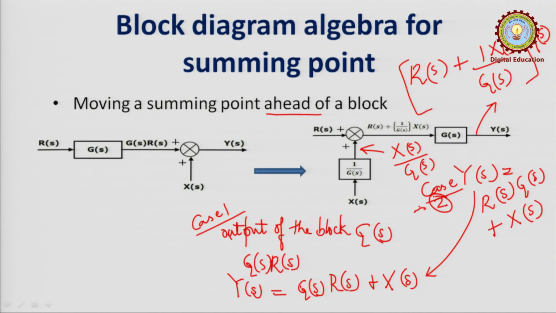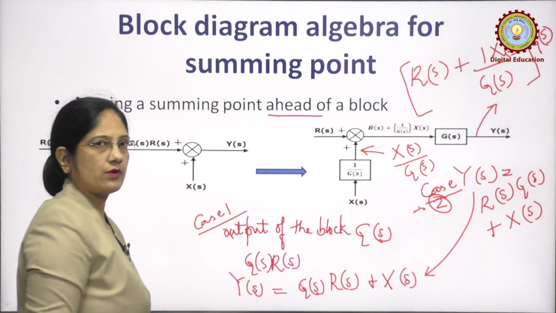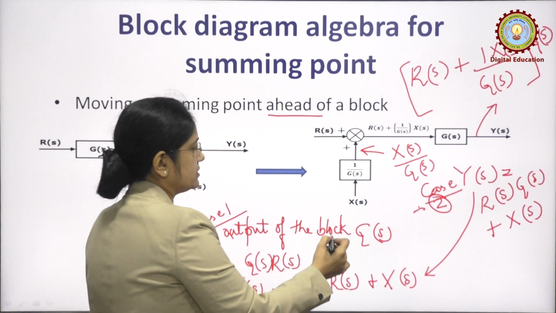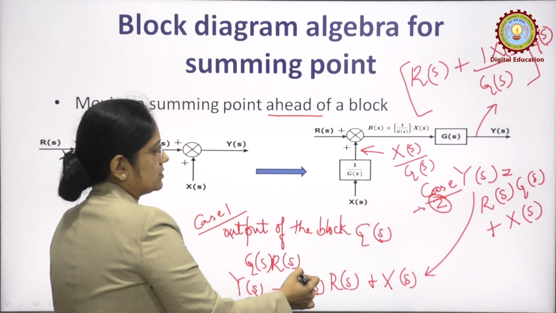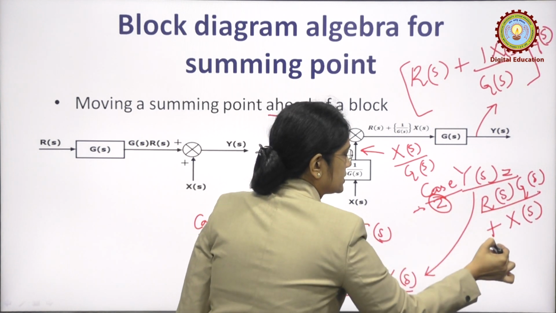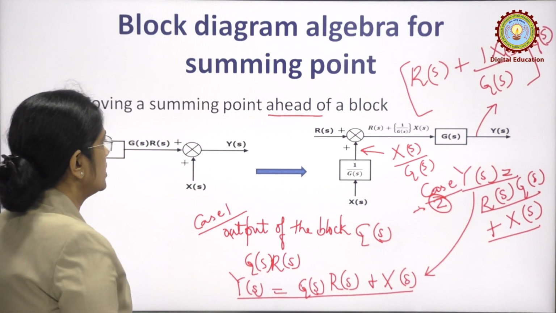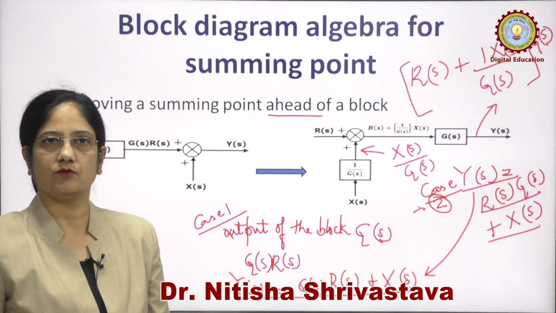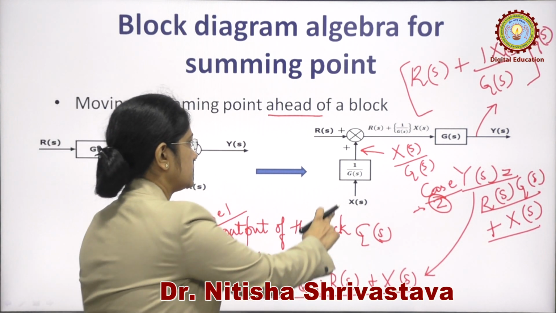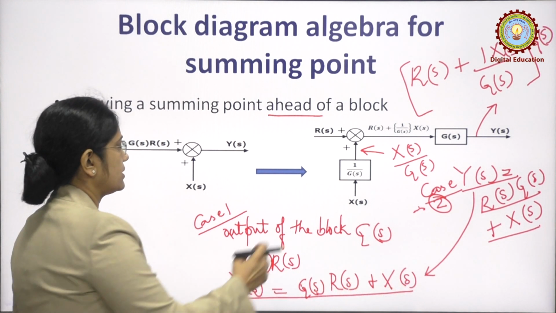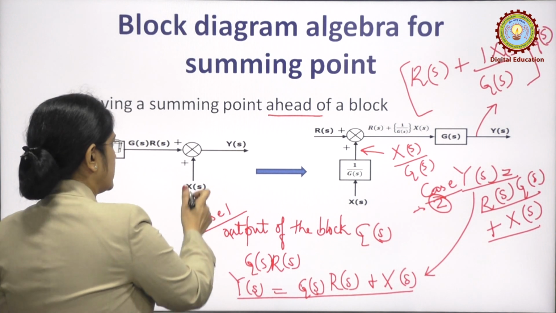When we move the summing point ahead of a block, we add a block whose value is 1 upon g of s, which gives the same result. So, if we want to move a summing point ahead of a block, we need to add a block, that is, 1 divided by g of s. The input was x of s, and that input carries on over here with an additional block in between.